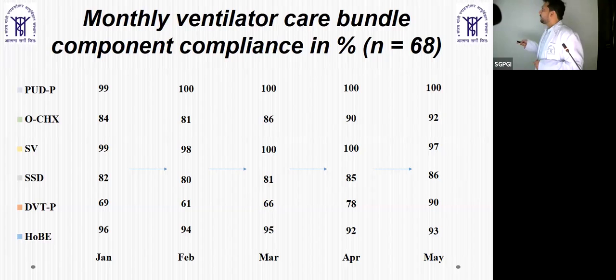Peptic ulcer disease prophylaxis improved from 99 to 100. And there are two components that didn't improve so much, but were above 90% because of the limitation of the study: one is head end elevation, and second is sedation vacation.